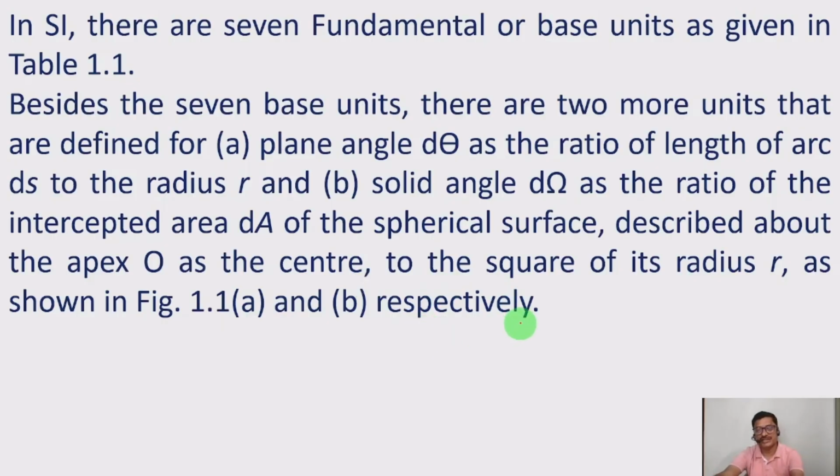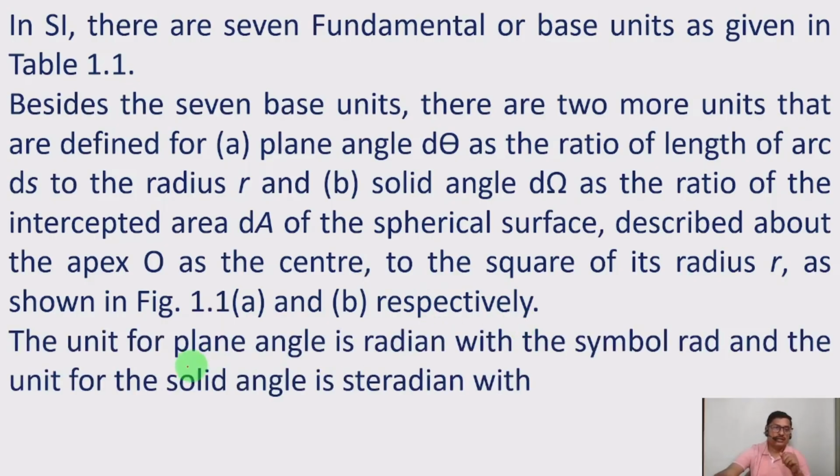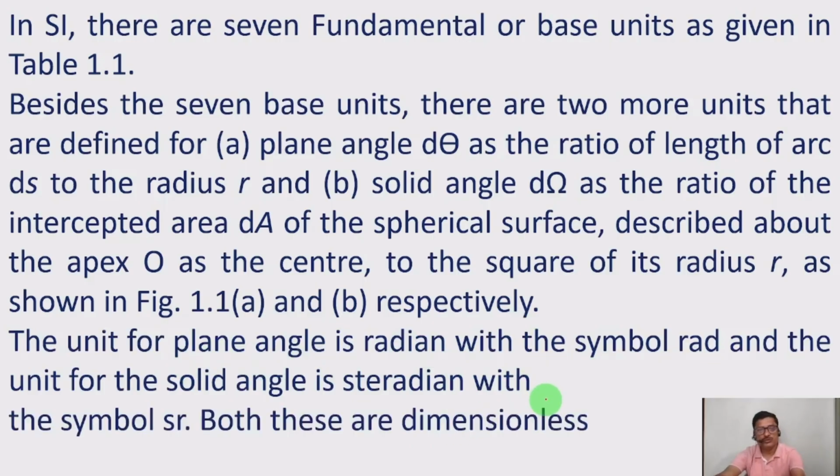That figure I will take in the next slide. The unit for plane angle is radian with symbol RAD, and the unit for solid angle is steradian with symbol SR. Both of these are dimensionless, not having any dimension.